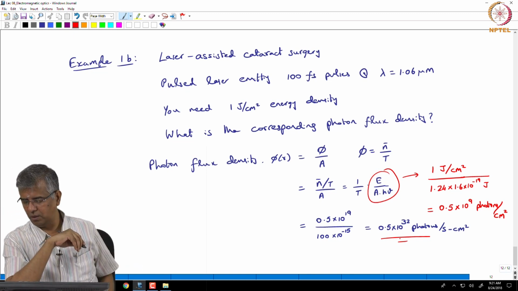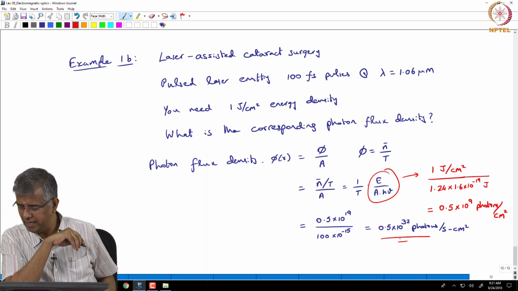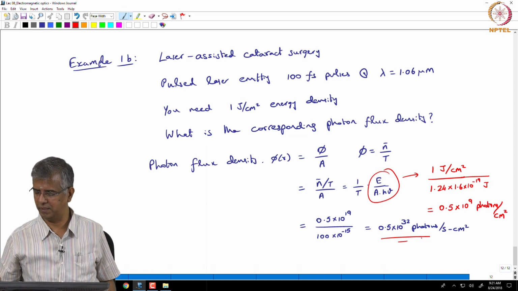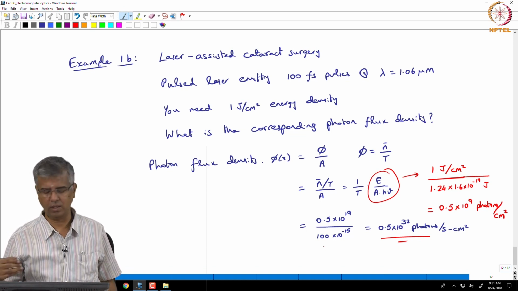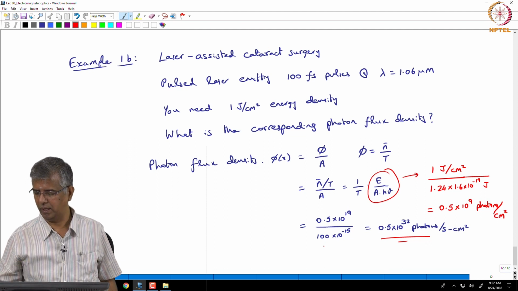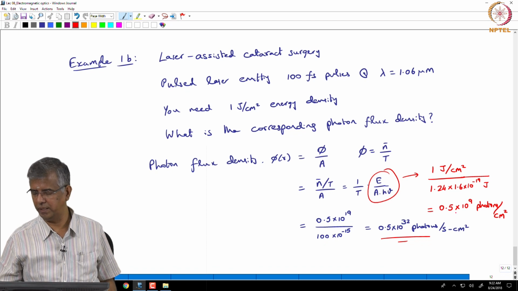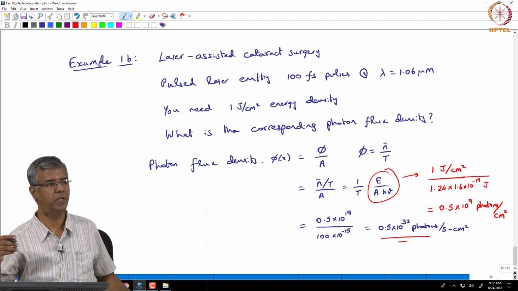Now that actually sounds like a really large number, but you know what probably makes sense is that it's not the photon flux density that you are interested in. You are looking at the photon density. So you already packed so many photons.